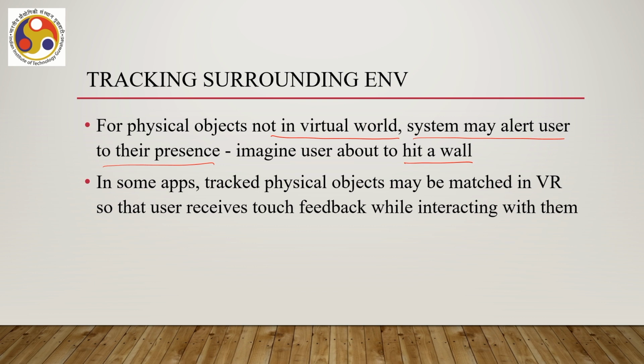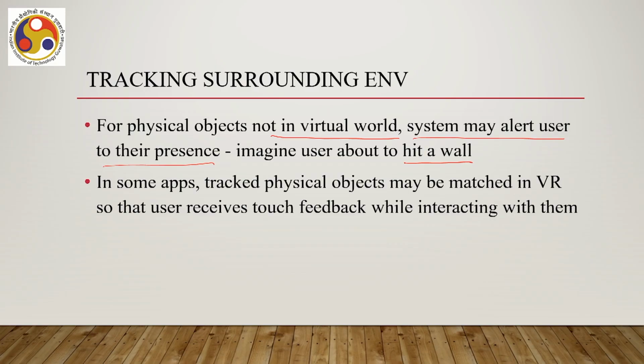Since the user is immersed in the virtual world, the user may not be aware of the physical wall's presence. So, the movement may continue and then it may cause harm to the user. Maybe some sort of tracking of the surrounding world can help in alleviating this problem. Note that here tracking the user will not be of any use, you need to track the surrounding environment.